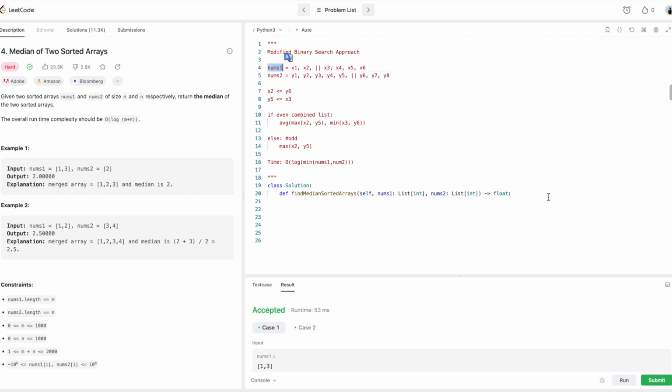To make sure of this, we can have an if statement in the beginning: if length of nums1 is greater than length of nums2, then we switch them. We'll do in-place swapping: nums1, nums2 equals nums2, nums1.